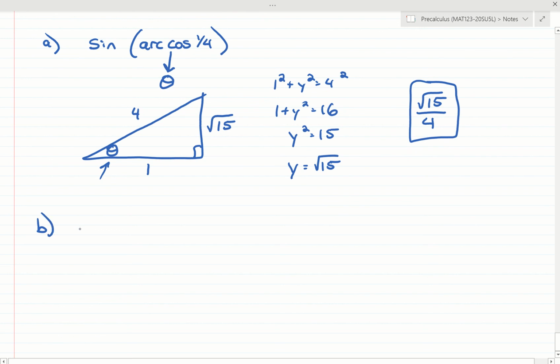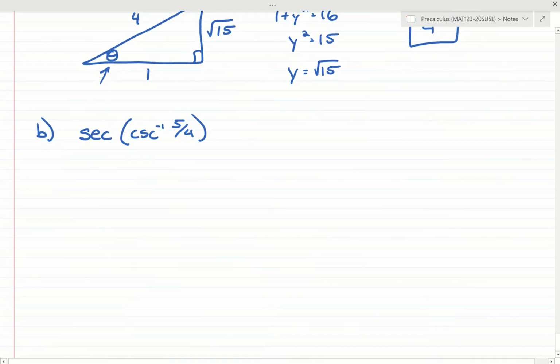How about if I asked you to find the secant of the inverse cosecant of 5/4? The way we do this kind of problem is first, this is going to give you an angle. So let's draw our angle. The cosecant is 5/4. Remember, cosecant's the reciprocal of sine.